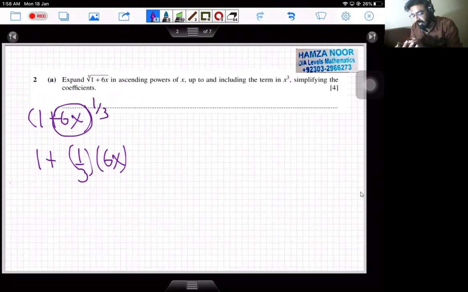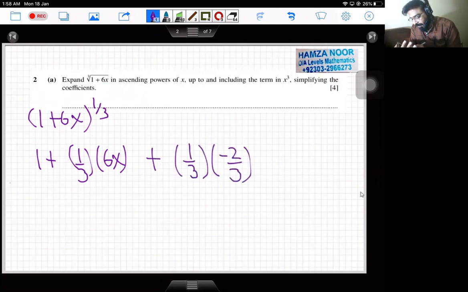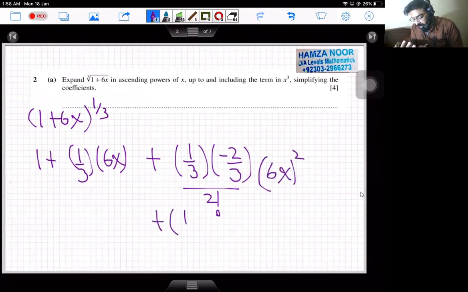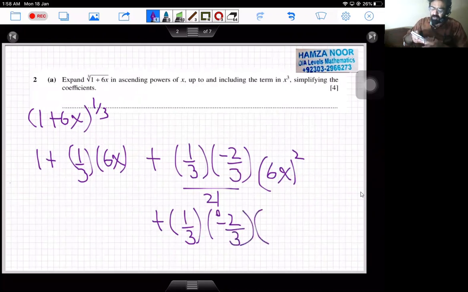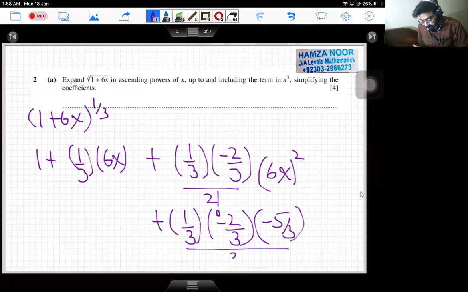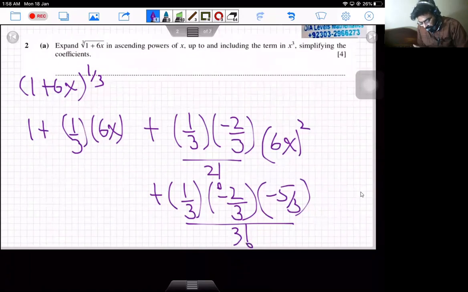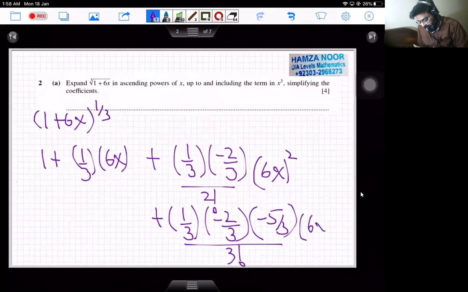Then plus 1 over 3 into minus 2 over 3, divided by 2 factorial, multiplied by (6x) squared, plus 1 over 3 into minus 2 over 3 into minus 5 over 3, since minus 2 over 3 minus 1 is minus 5 over 3, divided by 3 factorial, multiplied by (6x) cubed.